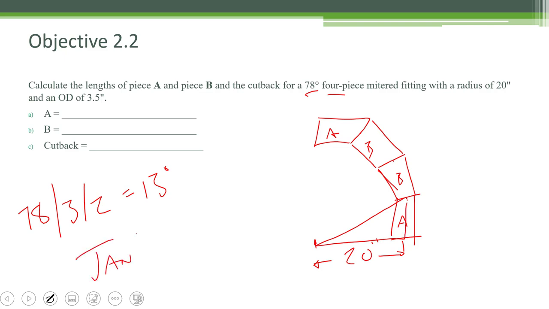So it'll be the tan of 13 is equal to A over 20. Okay, so again, if I'm figuring out A, then I just multiply these two together. So it'd be 13 tan times 20, and should be 4.617363 something.